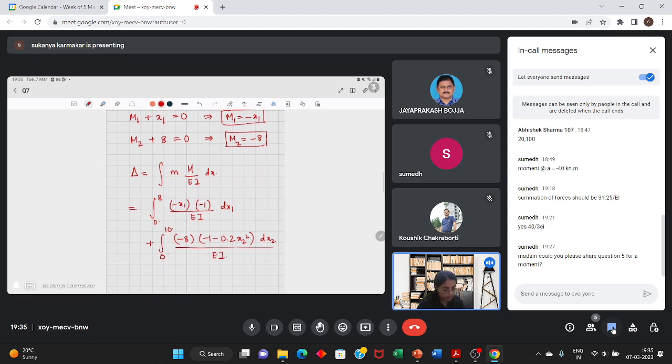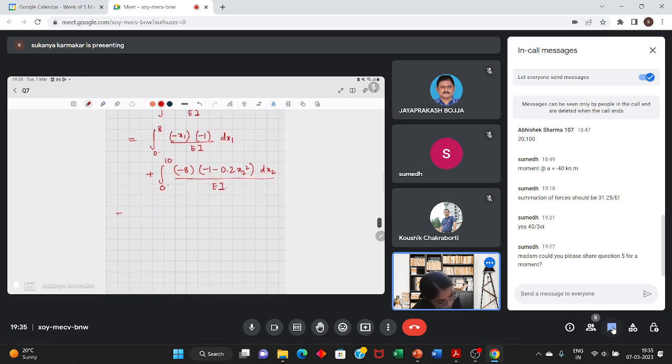So let's solve this. So 0 to 8, this is 1 by EI x1 dx1 plus 0 to 10, this is 8 into 1 plus 0.2 x2 square dx2 by EI.